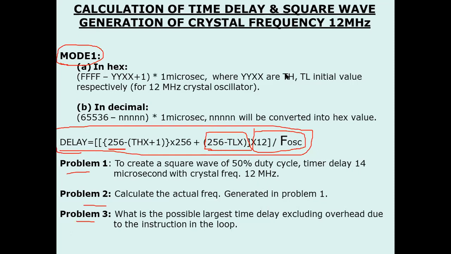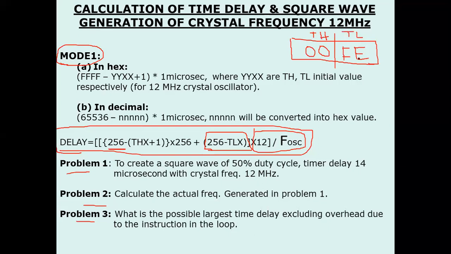Now you need to just see that if I am drawing this particular THX and TLX, and suppose this is FEH and this is 00. Now this is TH and this is TL.